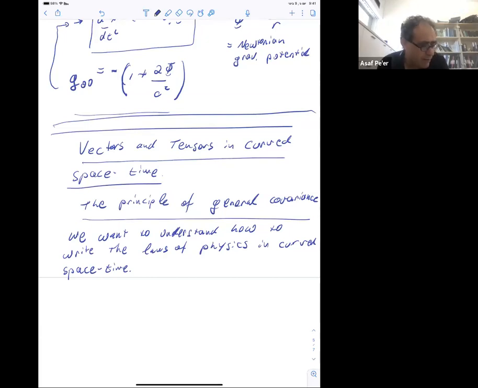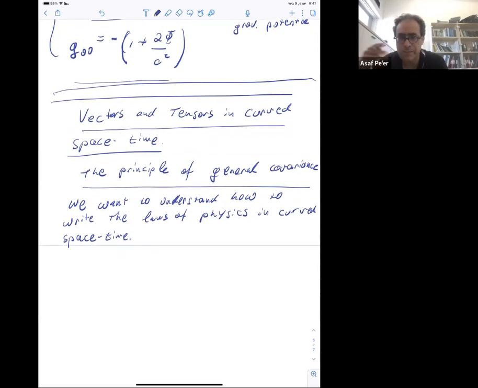And how do you write a physical equation? Normally you write it with partial derivatives in this flat metric. Remember, velocity is just a partial derivative of location, and acceleration is just a partial derivative of the velocity. Essentially, these are the equations that we'll be interested in. So we consider an equation that describes the laws of physics in flat space-time.